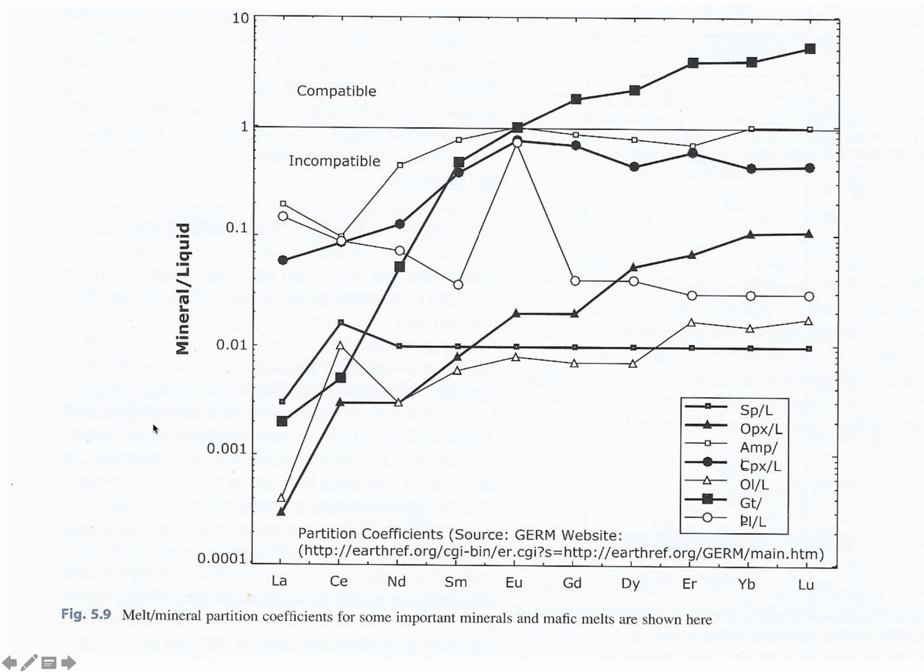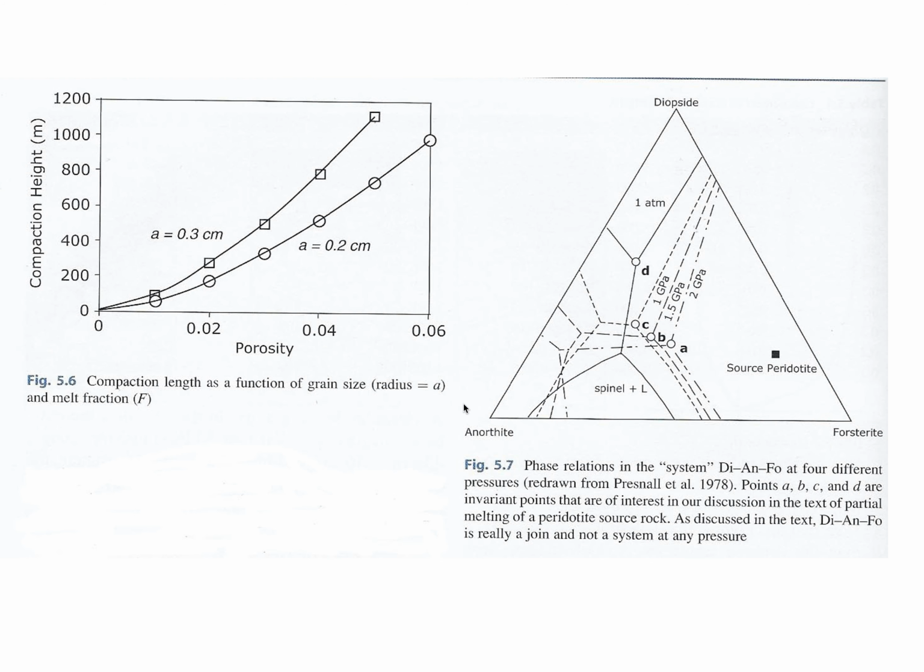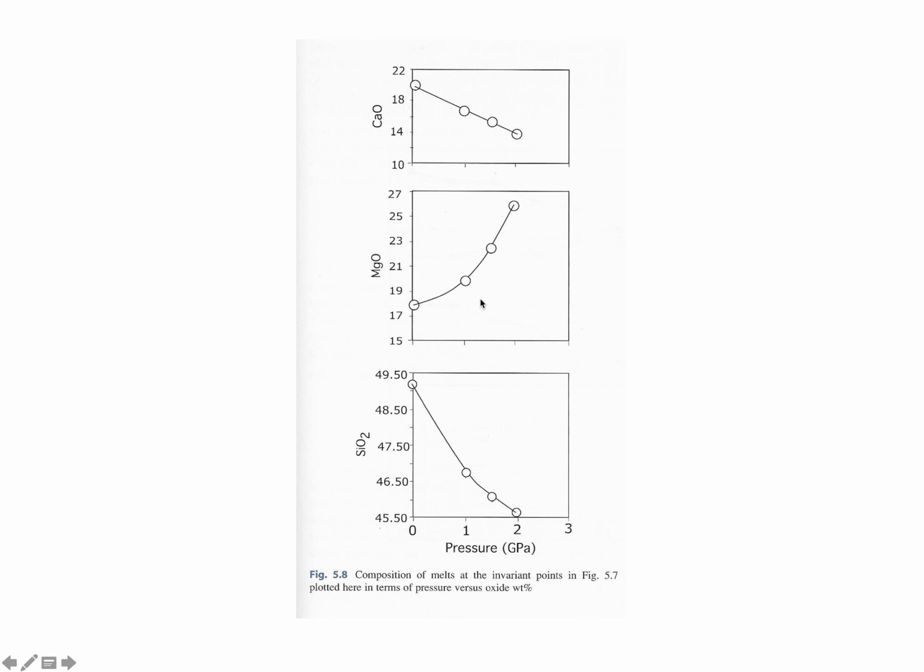Let us just check, not this one. This one we have here at 2 gigapascal, A, B, C, D. When partial melting occurs at lower pressures, the partial melt is more silica rich.